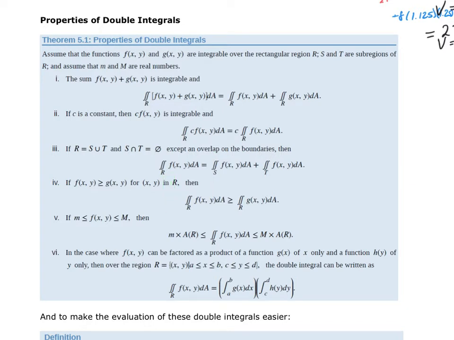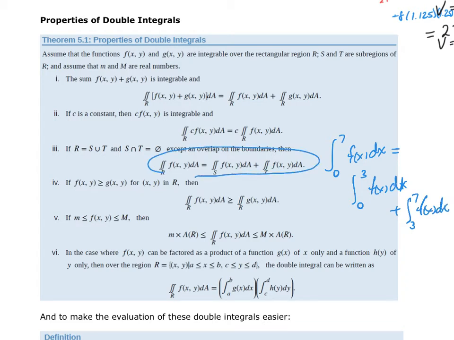And this is similar to saying, remember in one dimension, say I wanted to go from 0 to 7 of f of x dx, and I found that it was easier to say I want to go from, say, 0 to 3 of f of x dx, and then I would add to it from 3 to 7 of f of x dx. That's what this is doing right here.